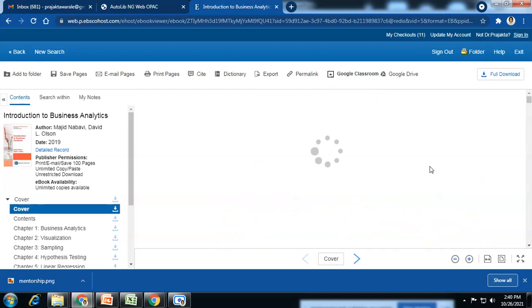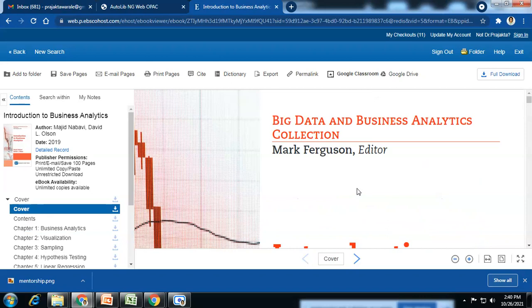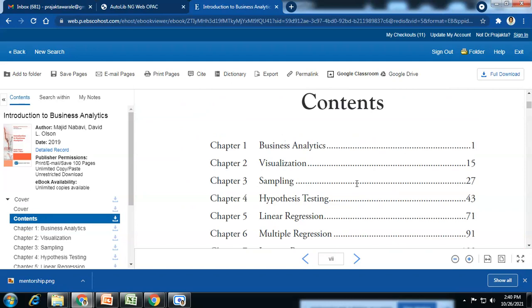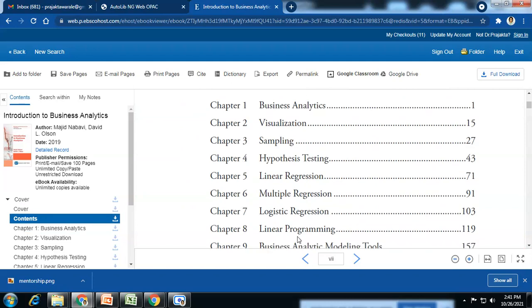I'll show you the index also. This is the book, from Business Expert Press. This book will give you business information.